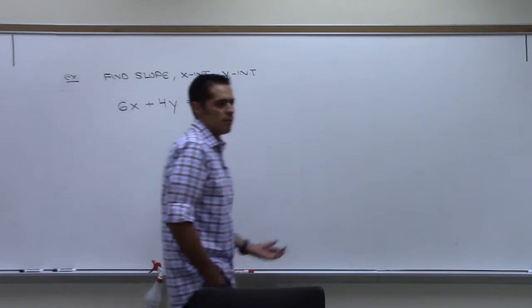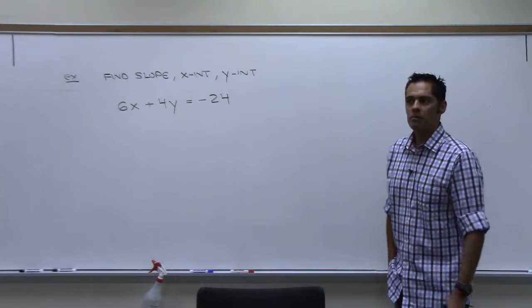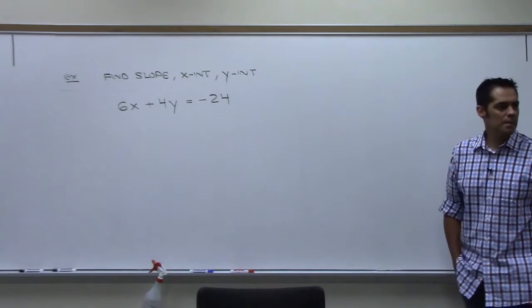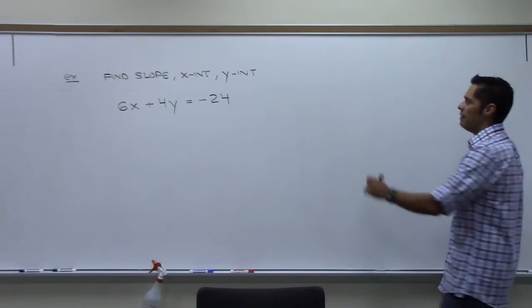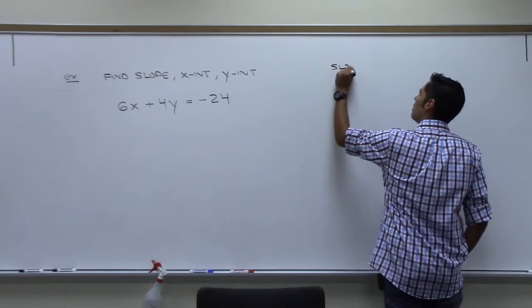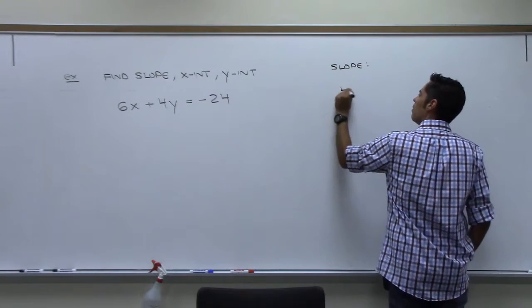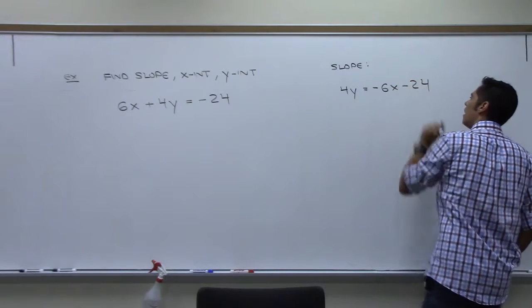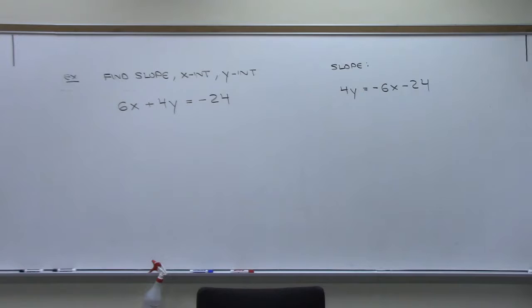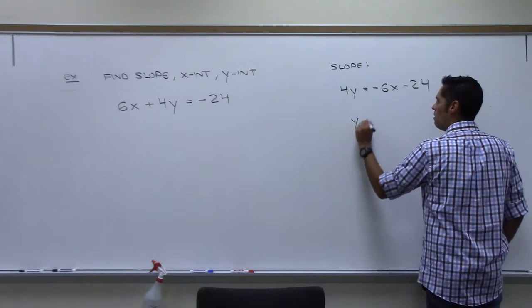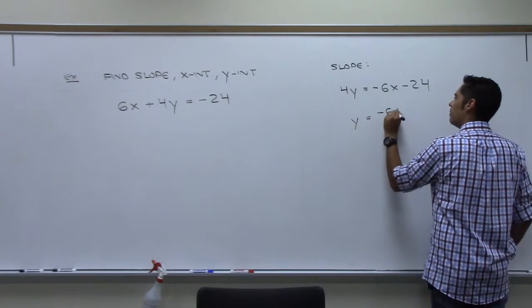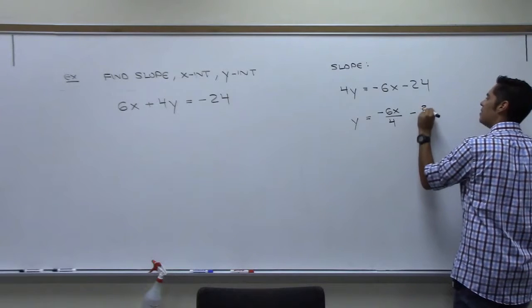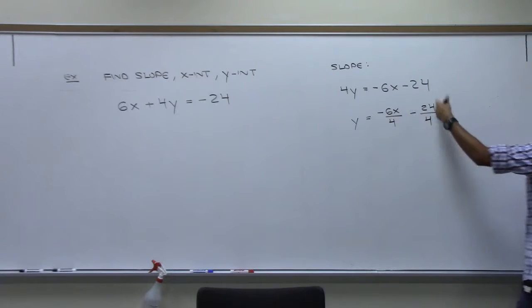Well, if we're going to find the slope, we've already done that, right? You solve for y. Get it to look like y equals mx plus b. So I'll do that pretty quickly. So the slope, for y equals negative 6x minus 24. So what did I do there? Just move that 6x over to the right, change signs. What next? Divide by 4? Yep. And I'm going to divide each term by 4.